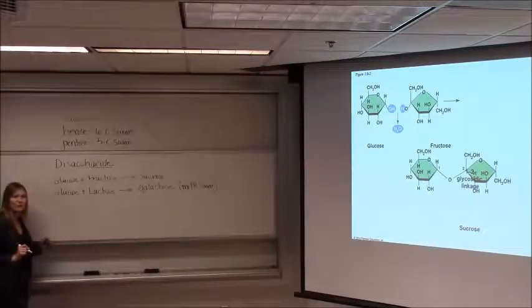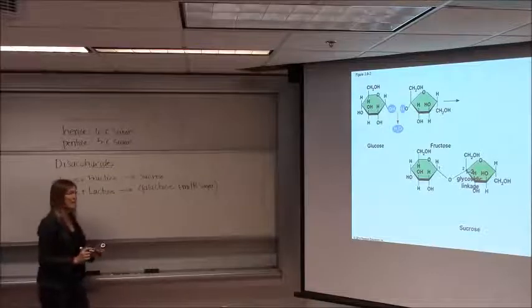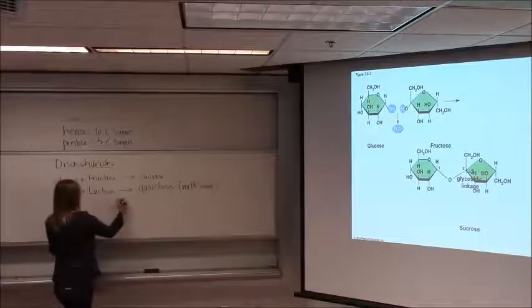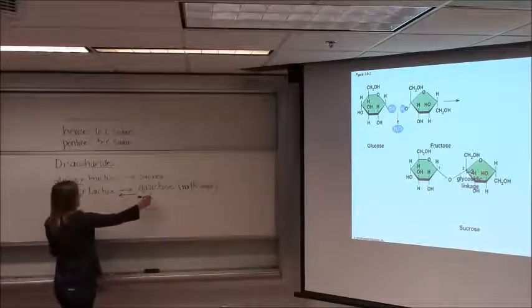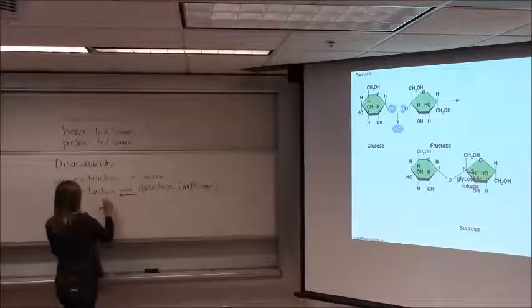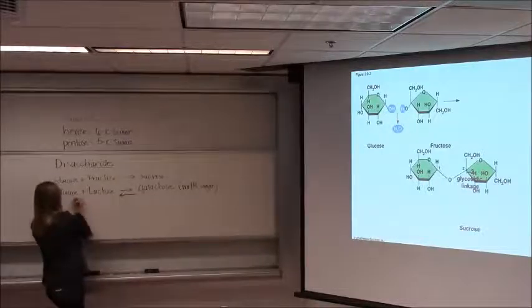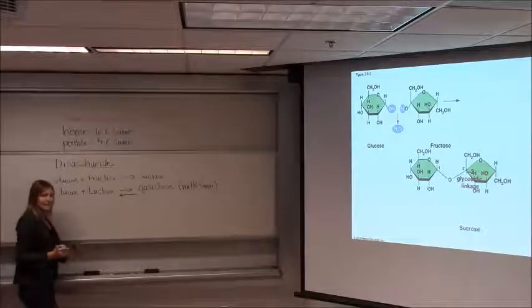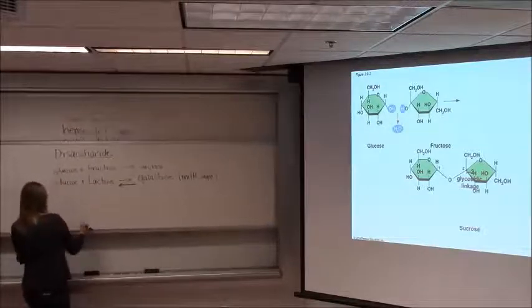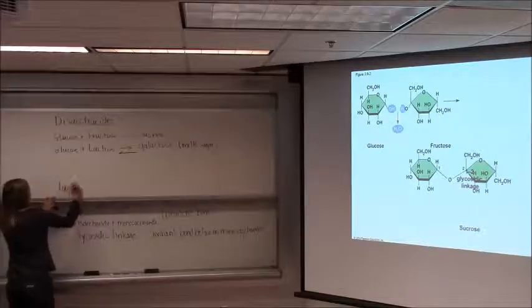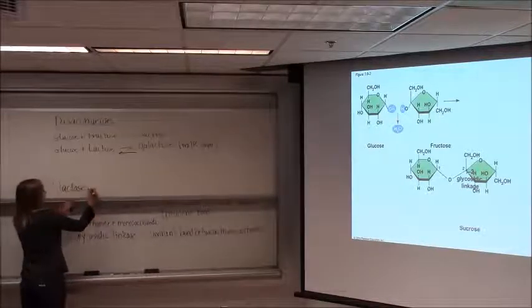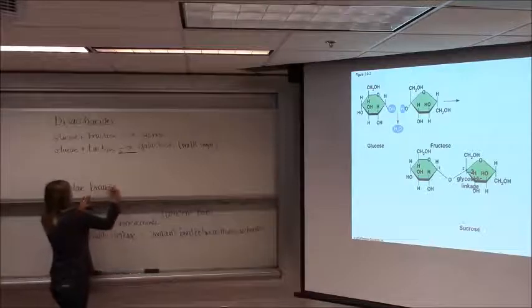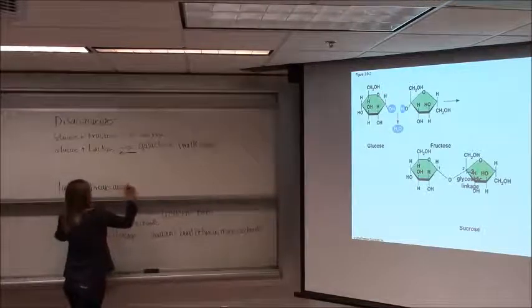By the way, a little side story. Enzymes have really cool names because they always tell you what they do. If we wanted to go back the other way and break this lactose back down into galactose and glucose, we're going to need enzymes to do that. And enzymes tell you what they do. So for example, lactase is the enzyme that breaks down lactose.